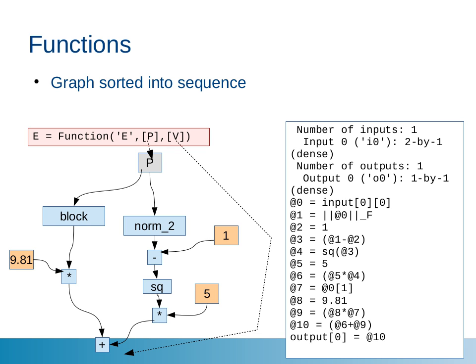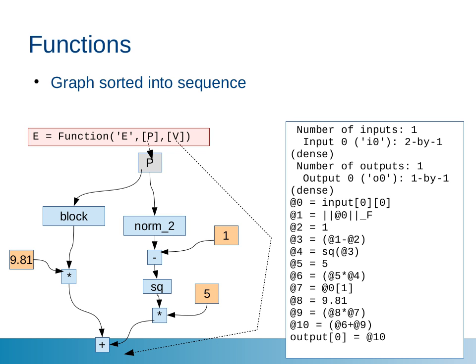Okay, the next concept in CasADi is functions. Looking at this construction line, the first argument is just a label E. The second is a list of symbolic primitives, in this case p, and then a list of expressions that we want as outputs, in this case the potential energy.